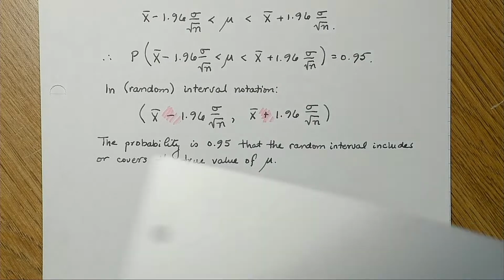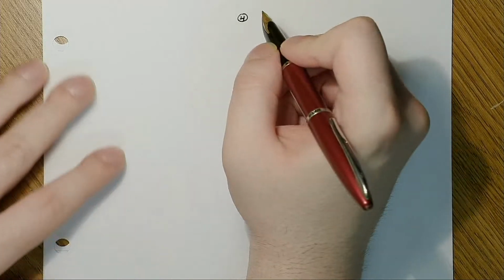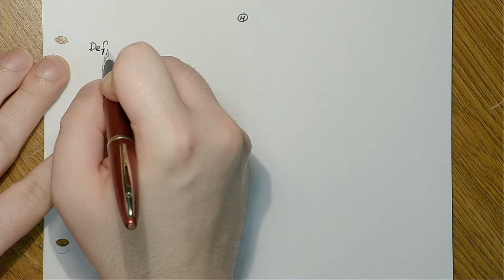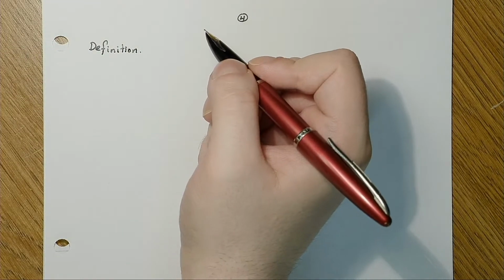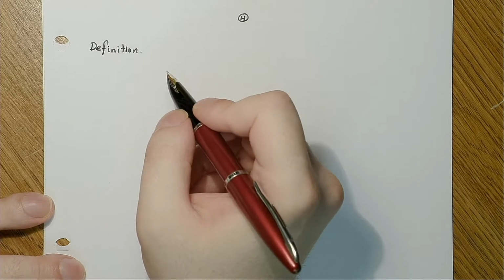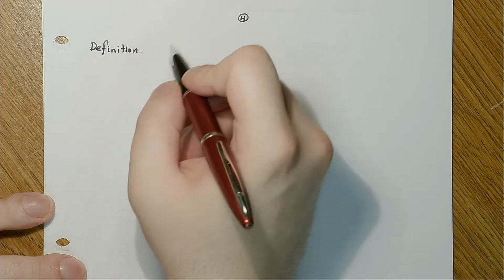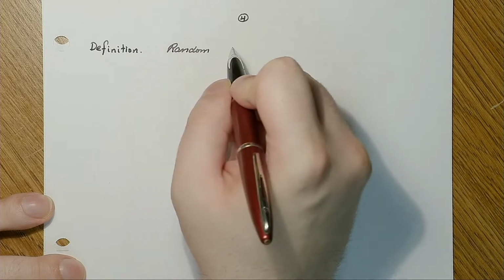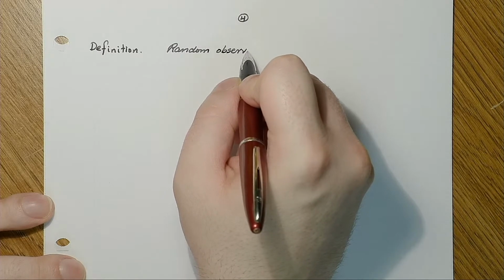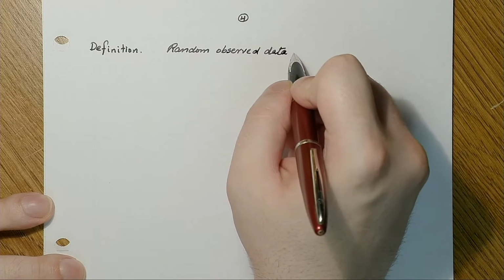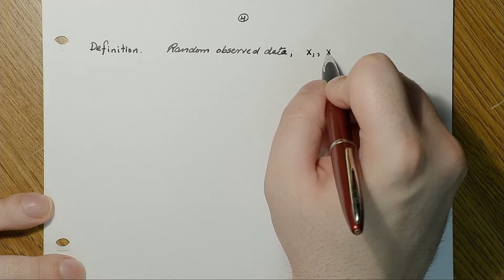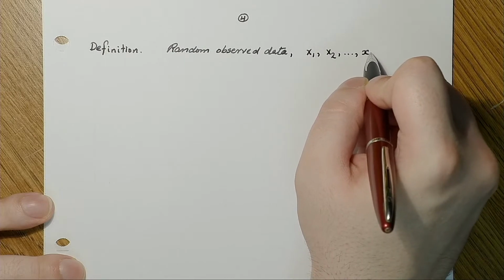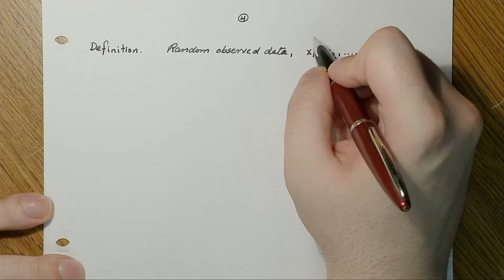So let's write that out as a definition. If you have a random sample, so you have x1, x2, through xn, these are realizations.